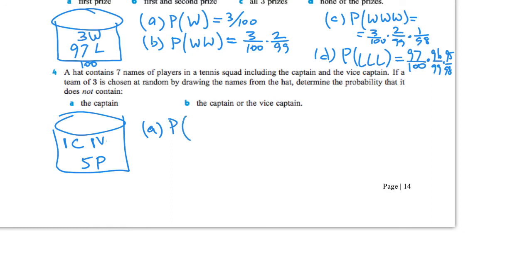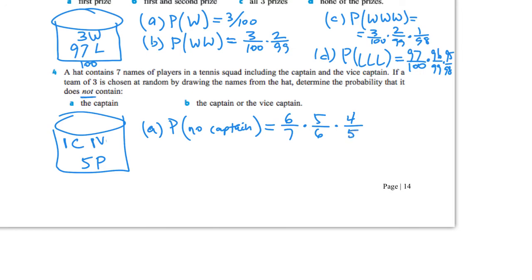So that means we got other than the captain on the first pick. That would be 6 out of 7. Then we didn't get the captain on the second pick. That'd be 5 out of 6. And then we didn't get the captain on the next pick. That'd be 4 out of 5, multiplied together.